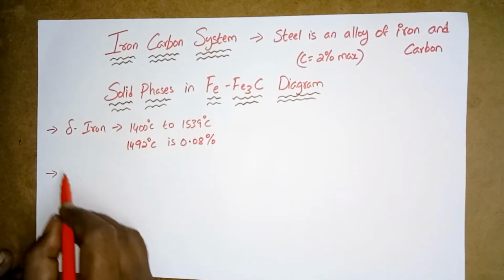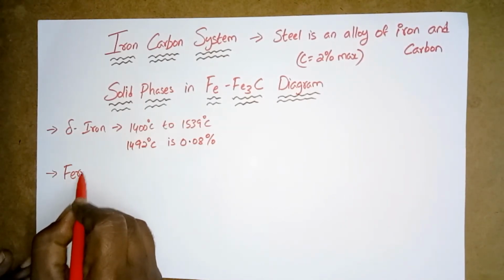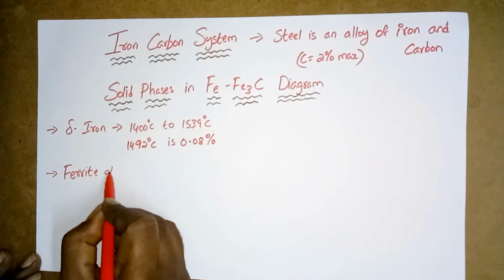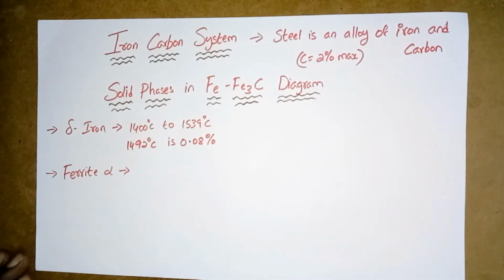Next we will move to ferrite, alpha. Ferrite is an interstitial solid solution of carbon in alpha iron. It is also a BCC crystal lattice.